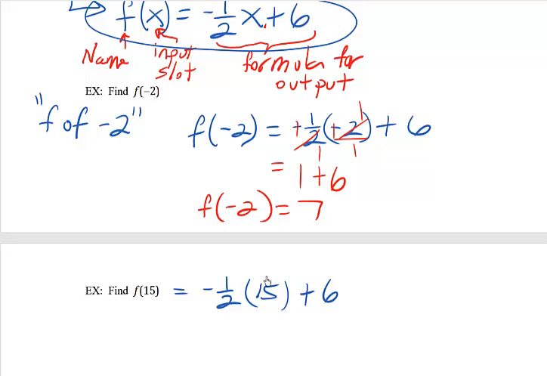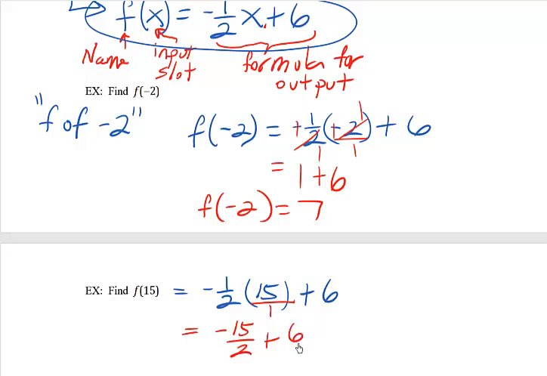Now, this one looks like the math is going to be a little bit messier. I'll put the 1 under it. I don't have any canceling this time, so I'll just multiply straight across. -1 times 15 is -15. 2 times 1 is 2. And let's see, I have a little bit of a mess this time.